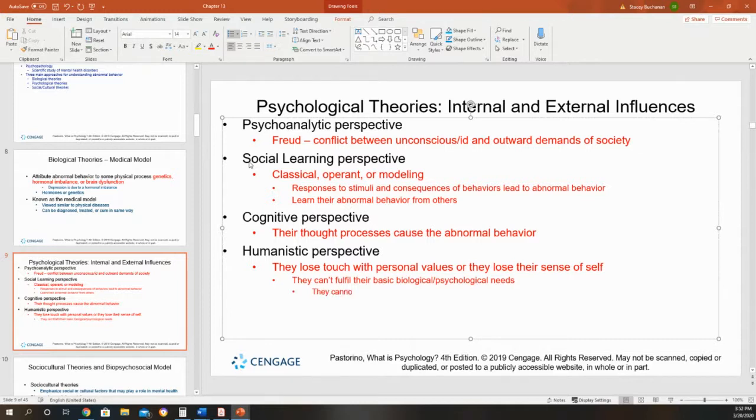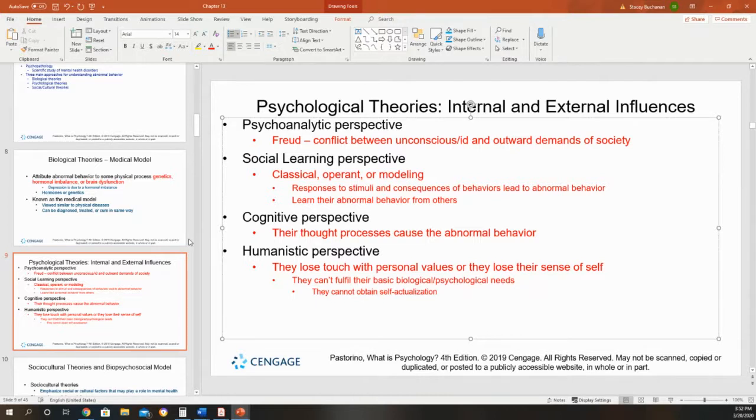So they cannot attain self-actualization. Because they can't obtain self-actualization, which, as you recall, the humanistic perspective is the one that promotes self-fulfillment, self-achievement, and reaching self-actualization, they experience personal distress, and that leads to the abnormal behavior.